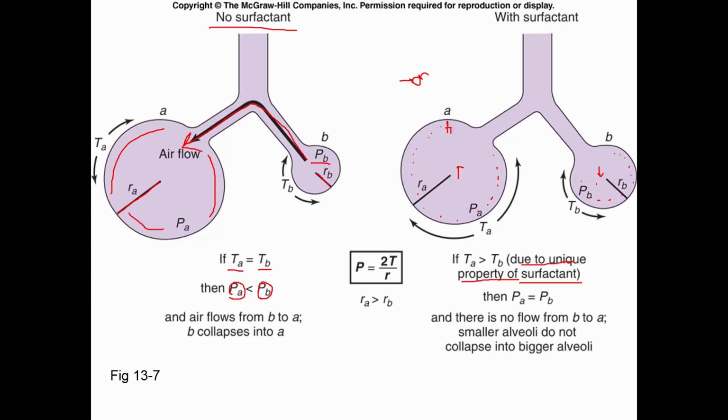So surface tension is lower in the smaller alveolus, and that means the pressures are equal. And when the pressures are equal, then the alveoli are stable. So the presence of surfactant stabilizes the alveoli. It also lowers the work of breathing because the lower surface tension means our lungs are more compliant.